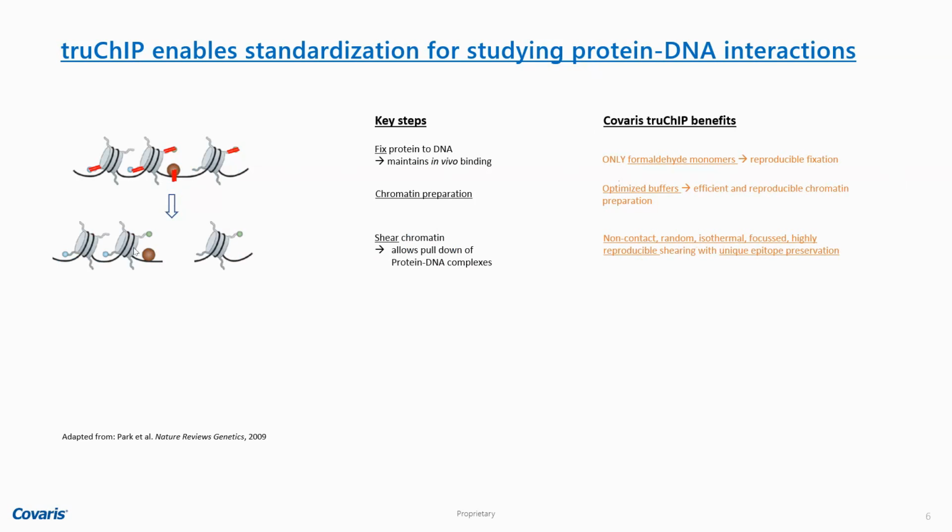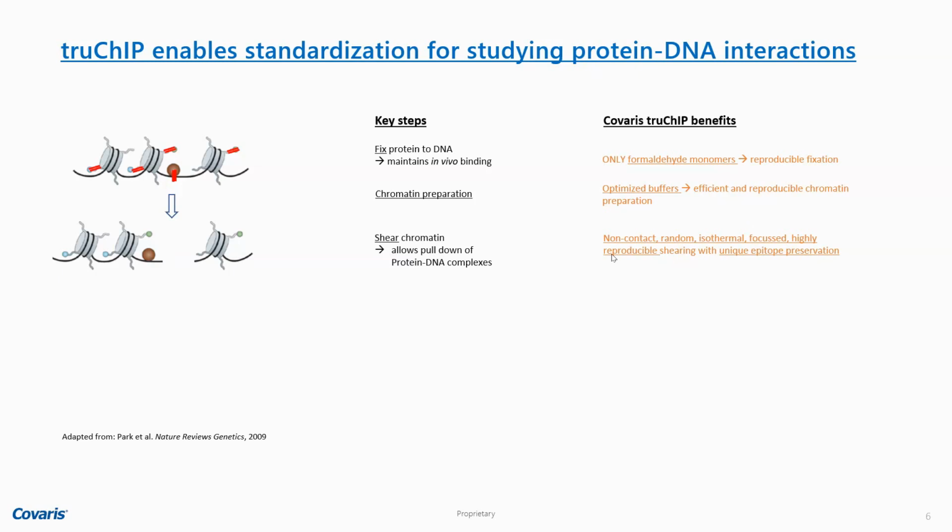If you were heating your sample during the shearing process, you might reverse some crosslinks, and then you will later on not see all the binding sites of your factor, and for scarce factors, you might lose binding completely. There is a focused supply of energy.